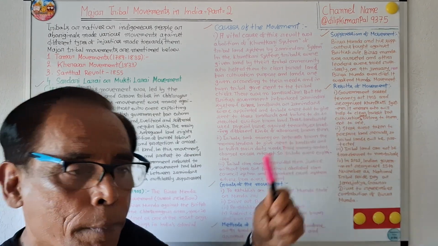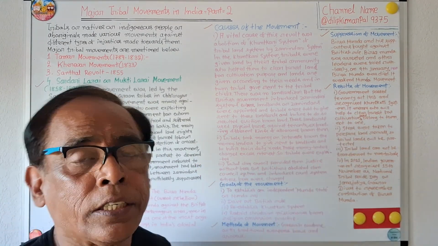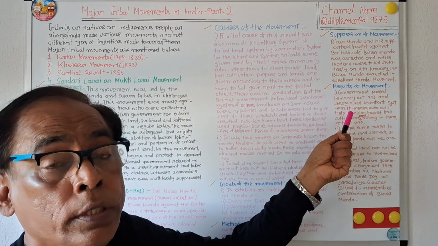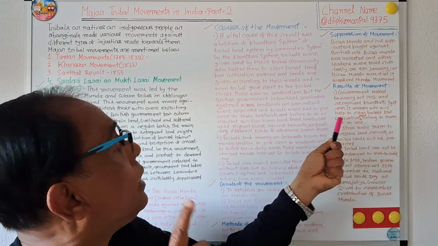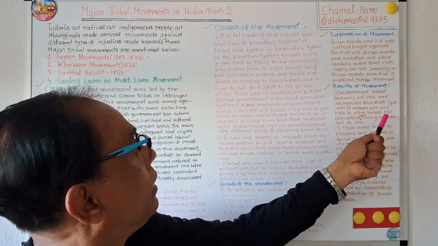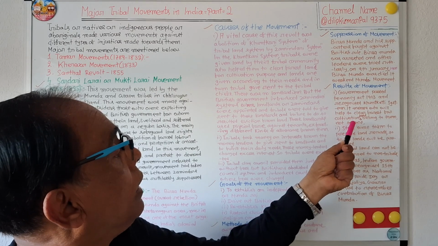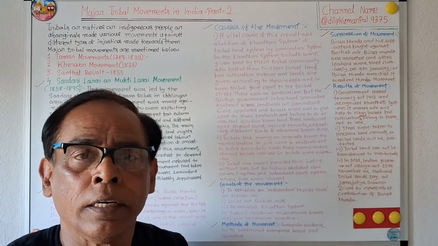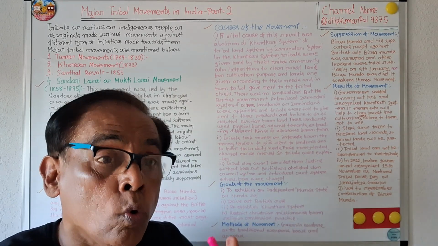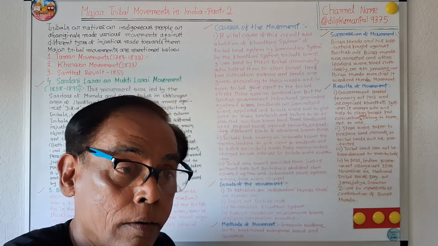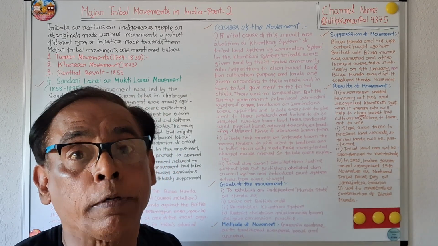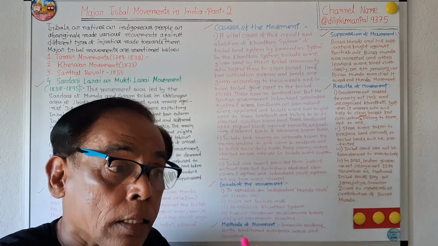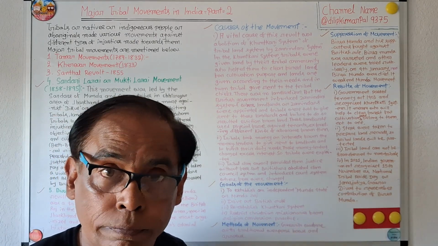The government passed the Tenancy Act of 1903 and recognized the Khuntkati system. It means those who help to clear forest for cultivation, the land belongs to them collectively, not to one person. In the Khuntkati system, who will help to clear the forest land for cultivation purpose?